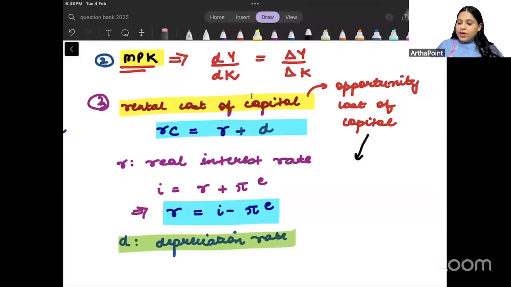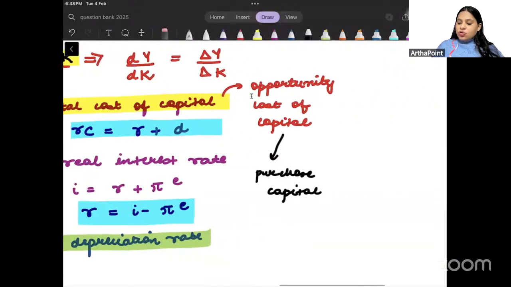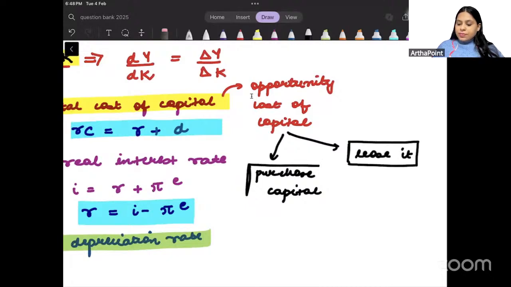Either I can purchase capital, or I can lease it. I can buy it on rent. ठीक है?